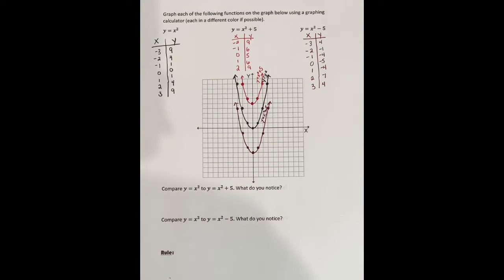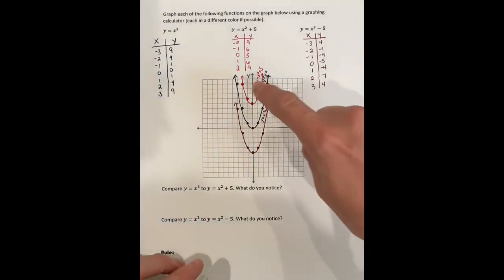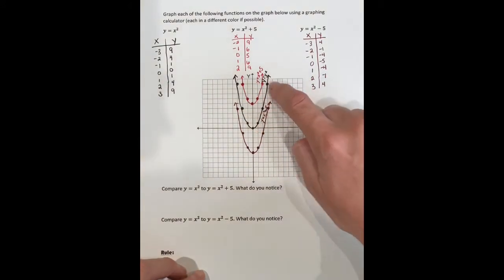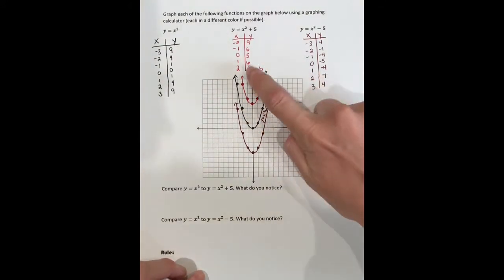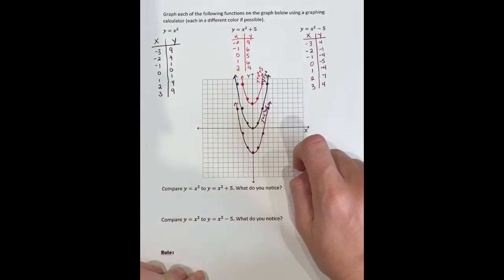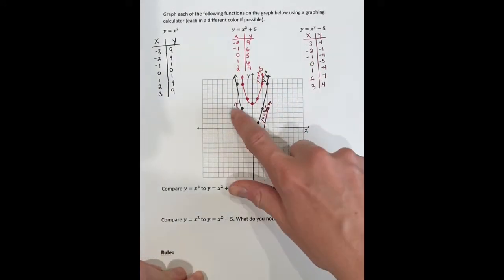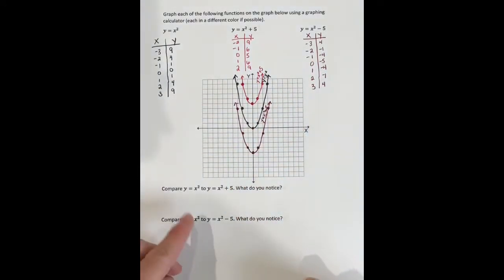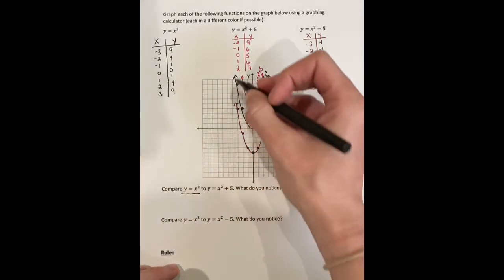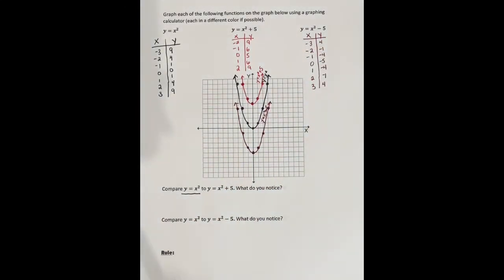All right, so when we graphed each of these equations, what did you notice? Well, let's look here. Y equals x squared is our black equation in the middle. Y equals x squared plus 5 is our red equation on the top. And y equals x squared minus 5 is our burgundy equation on the bottom. So when we compare y equals x squared to y equals x squared plus 5, what did you notice? So it's this black one compared to the red one there.